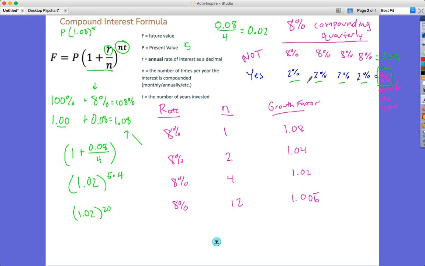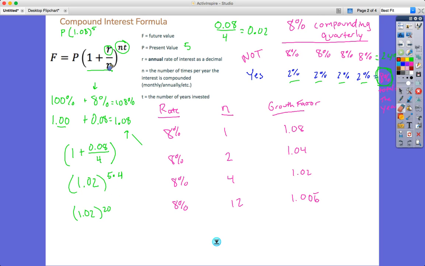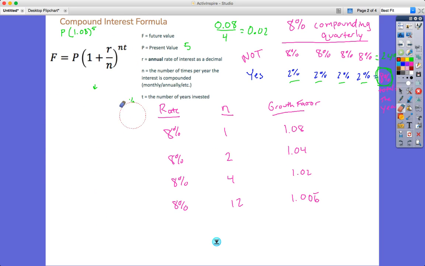And that's how we make up for this. 1, 2, 3, 4 times a year gives us the 8% for the year. And for 5 years, happening 4 times a year, is going to be 20. So those are the adjustments here. What we had been doing before was just 1 plus r to the t, right?